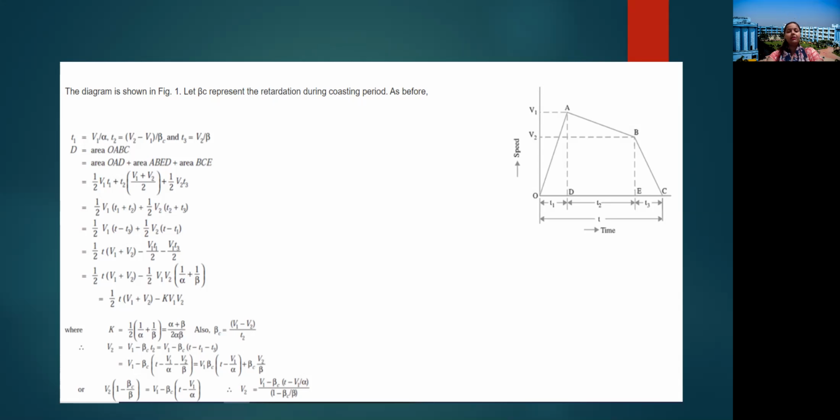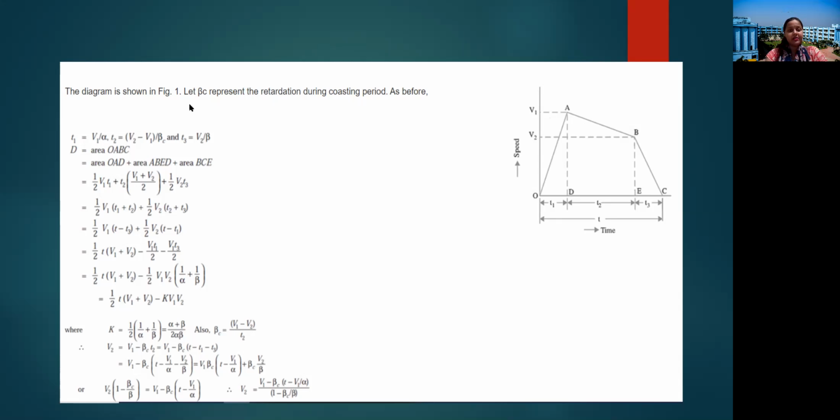So again, we are denoting the time in terms of alpha and beta. T1 will be V1 by alpha. T2 will be V1 minus V2 divided by beta C, and third is T3, it's V2 by beta.